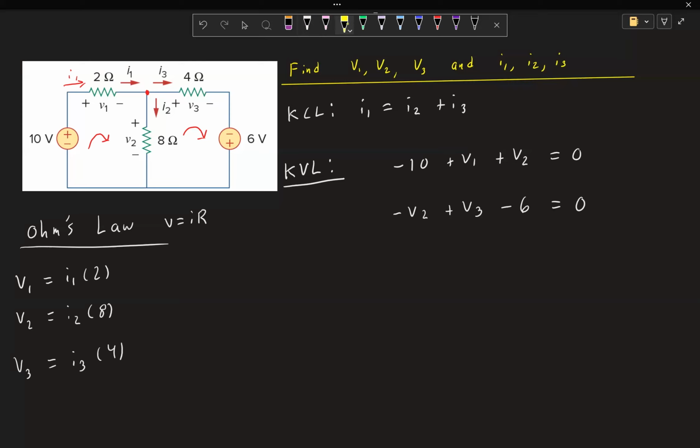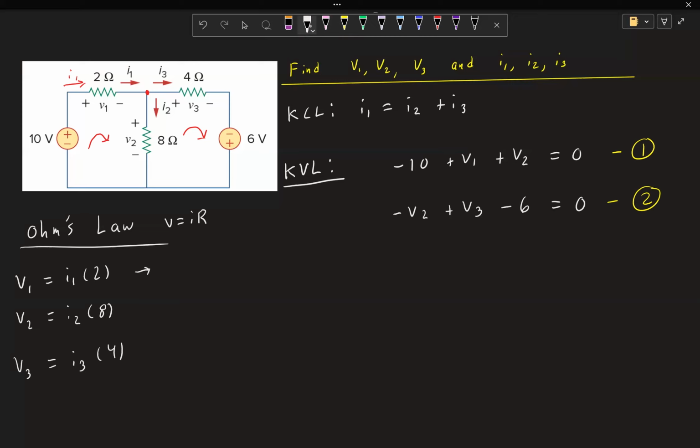So I'm looking over here, okay, this is one equation that contains the voltages. This is a second equation that contains the voltages. Now I need one more. Now if I look at my KCL equation, I have I1 equals I2 plus I3. But if I can solve for I1, I2, and I3 in terms of voltages, I can get a third equation. So I'm just going to use the Ohm's laws to solve for that.